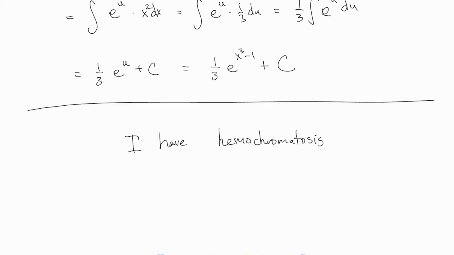White people have this because people with too much iron in their body are actually resistant to the bubonic plague. So back in the old days, it was beneficial to have too much iron. So I am resistant to the bubonic plague, but it's not a good thing anymore.